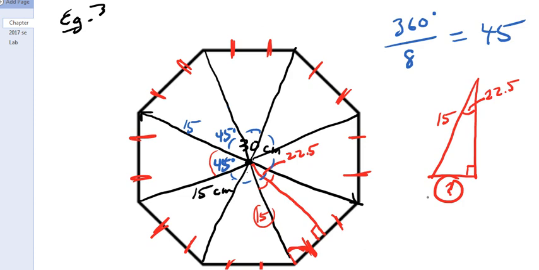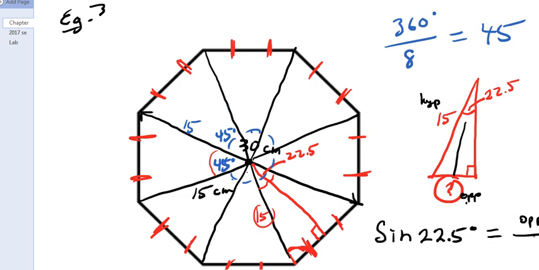What trig function would I use? This is opposite and this is hypotenuse. So OH, that's sine. Very good. Awesome. So sine of 22.5 equals the opposite side, which is unknown right now, divided by the hypotenuse, which we know is 15. So again, use your SOHCAHTOA. Write that down everywhere you can. So, that's what we're using.